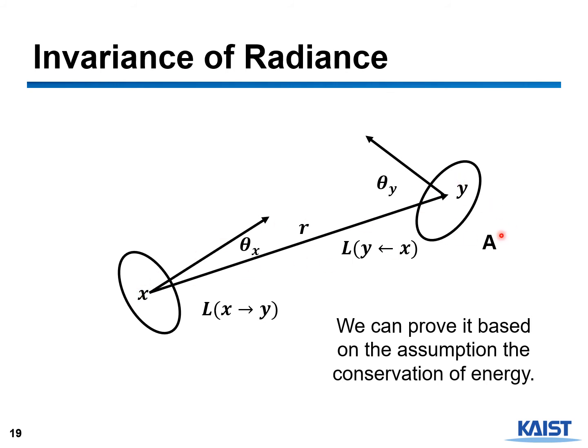So we can define the radiance here and there, and then prove that they are equal to each other. Back then I used this problem as a homework to prove this. But if you're interested, you can refer to my book.